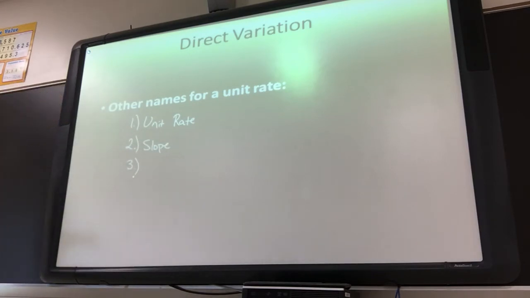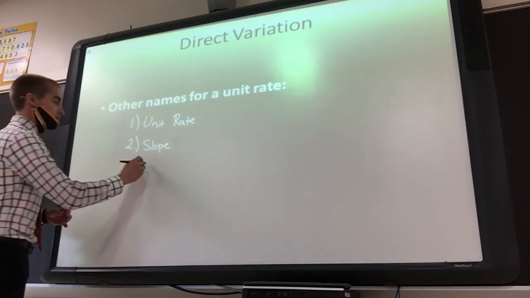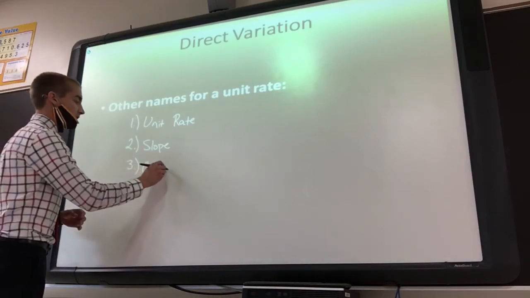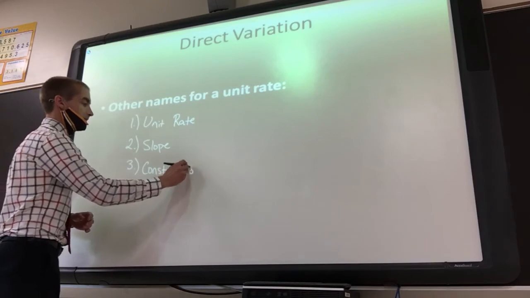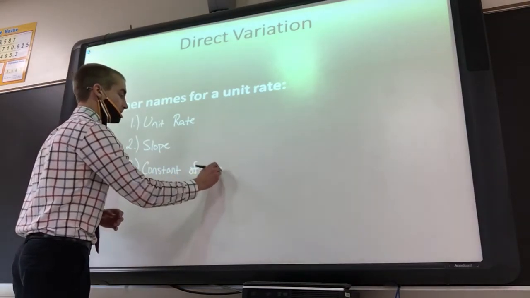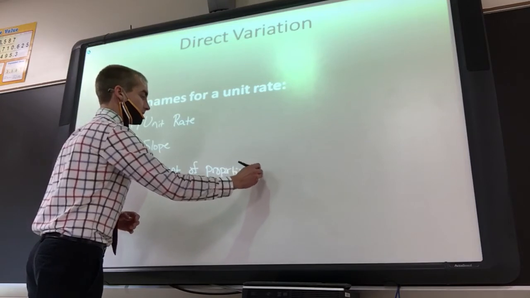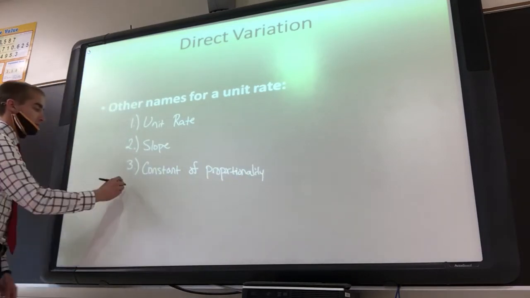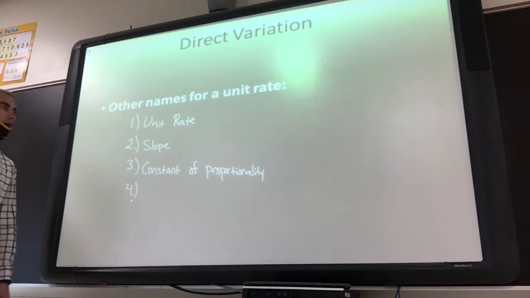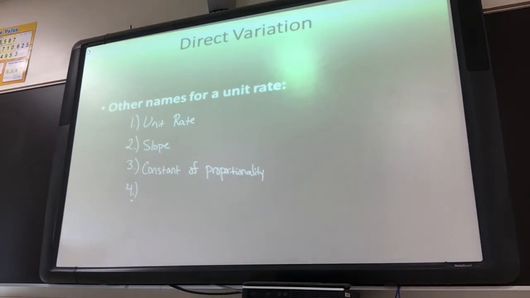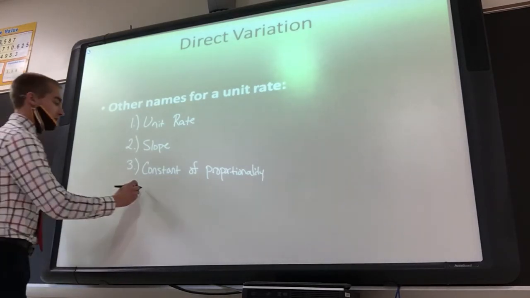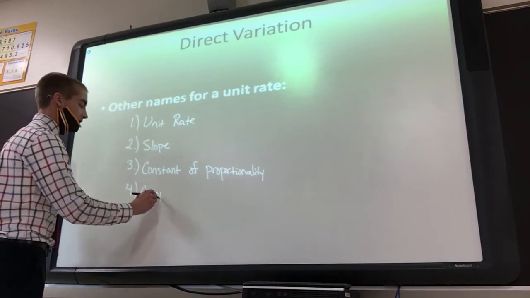The third name for a unit rate is the constant of proportionality. And then the fourth one is the one that we just wrote down on our vocab, constant of variation.